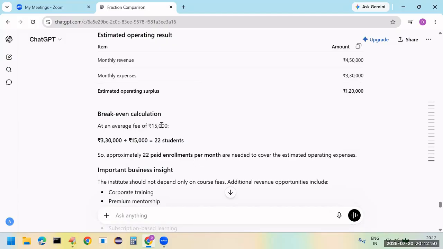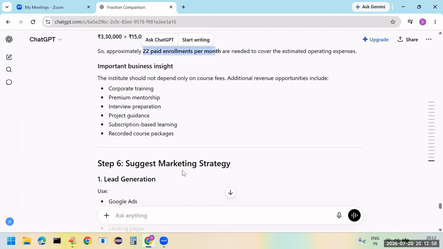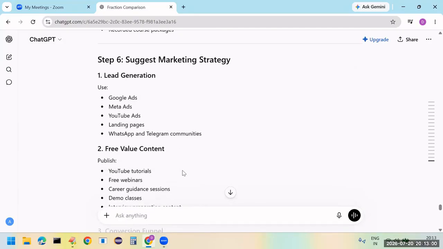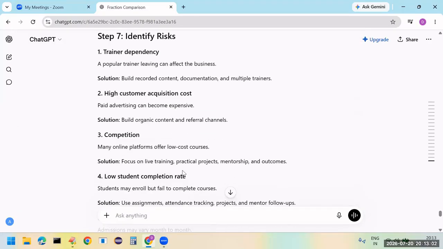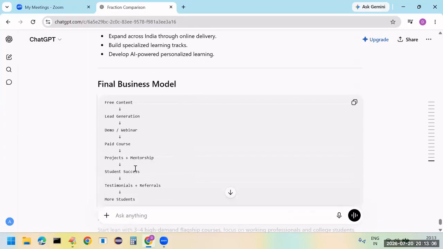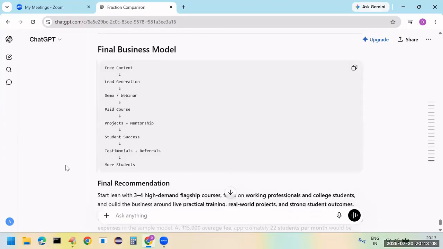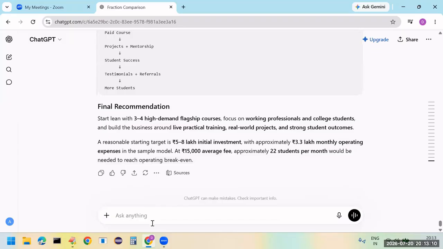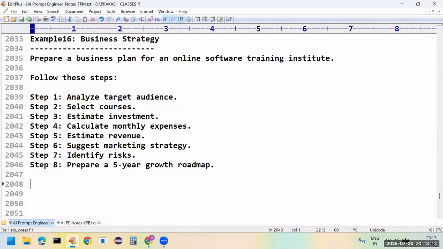On an average fee of 15,000, approximately 22 paid enrollments per month you need to do. It is giving full clarity. Have you observed in year 4 what you need to do? Complete plan it has given. Clear?